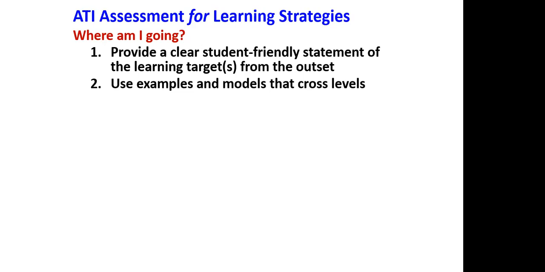And accompany that, if possible, with examples and models of student work that reveal to students as early as possible what good work looks like when it's done well, what mediocre work looks like, and what poor quality work looks like. What we're trying to communicate to students here is the pathway that they're about to travel.